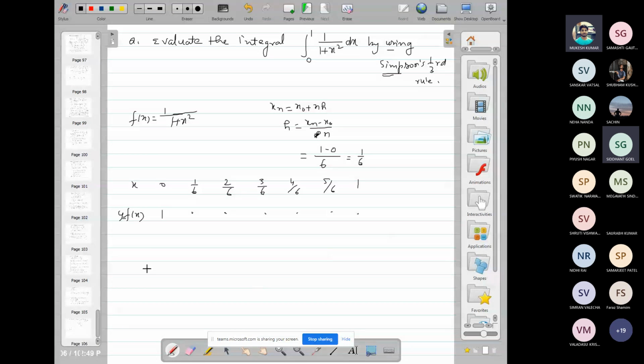Then directly we can use the integral from x0 to 1 of 1 upon 1 plus x square dx according to Simpson's one-third rule: h upon 3 into, you see the formula, y0 plus yn plus 4 times (y1 plus y3 plus up to yn minus 1) plus 2 times (y2 plus y4 up to yn minus 2).